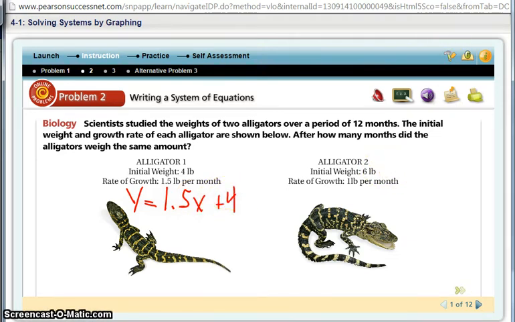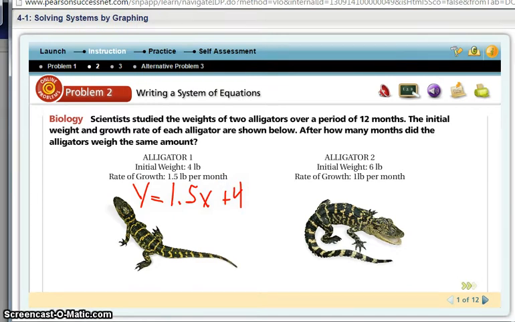And over here, who can tell me the equation for our other gator? Kenzie? Y equals x plus 6. Yeah, because it's just 1 pound per month, it'd be 1x, or we can just say x plus 6. So now we could put these both on a graph and find out where they will intersect.